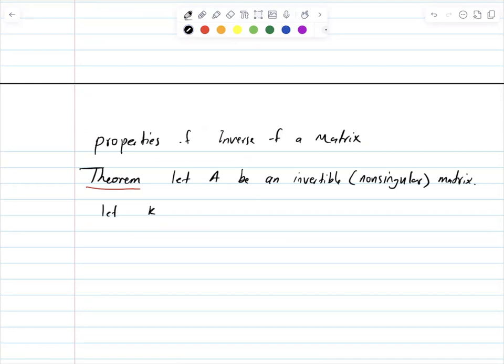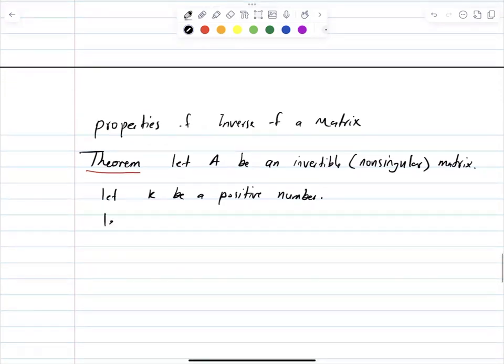Let k be a positive number. We're going to introduce another non-zero number, and let us just call it, for example, c. Let small c be a non-zero number. So these are the pieces of information that we are having so far.